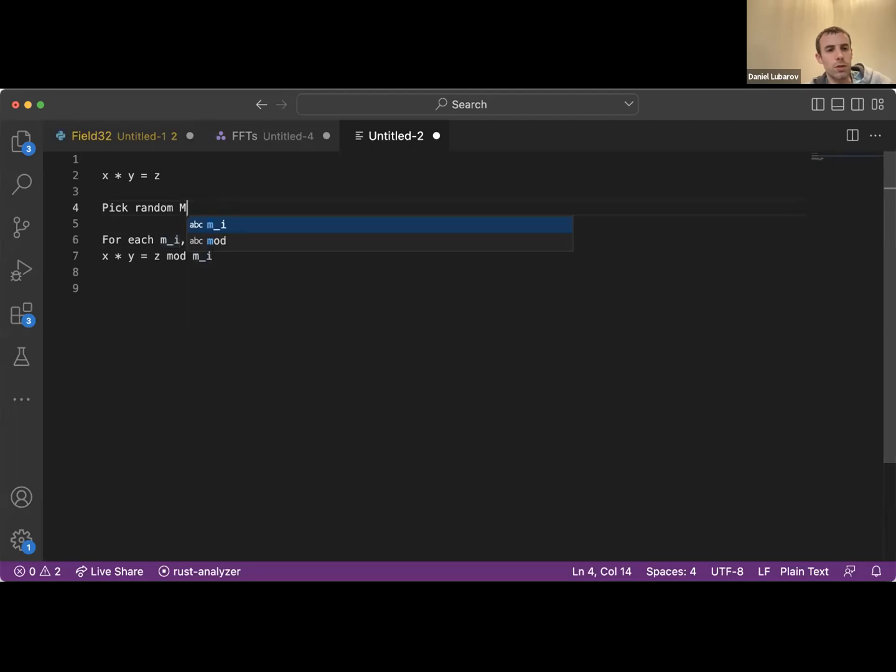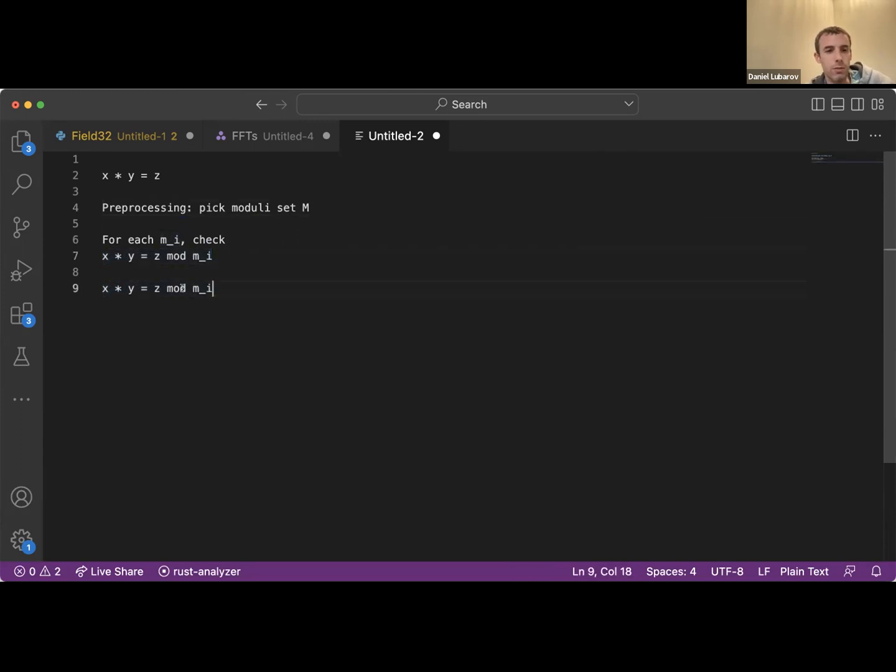So actually now we're not picking random moduli. Beforehand, we come up with some static set of moduli m, and then we check this identity under each modulus.